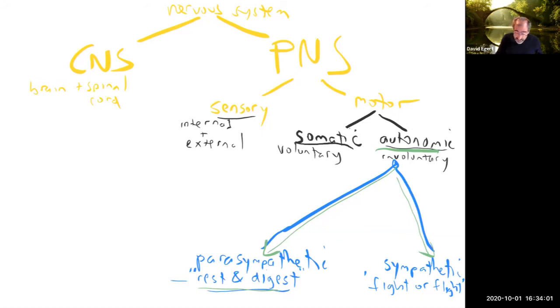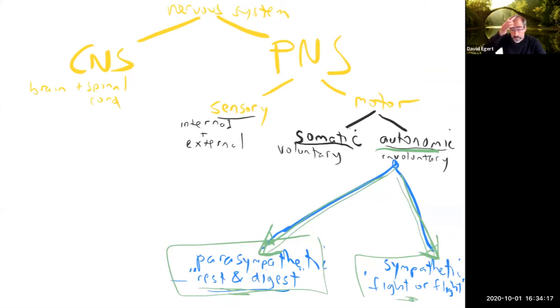So sympathetic, we're going to look at these in way more detail. But in general, they're not always antagonistic. We'll talk about that as well. There's more subtlety to it. But it's worth splitting it up like this because we're going to find they're very different in terms of both neuroanatomy and neurophysiology.